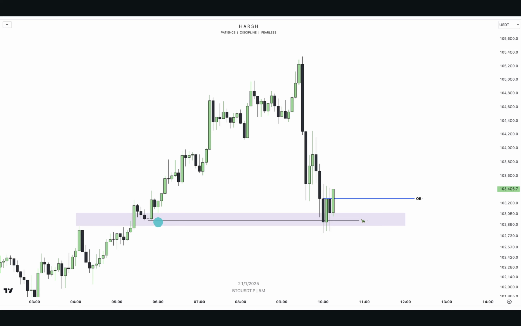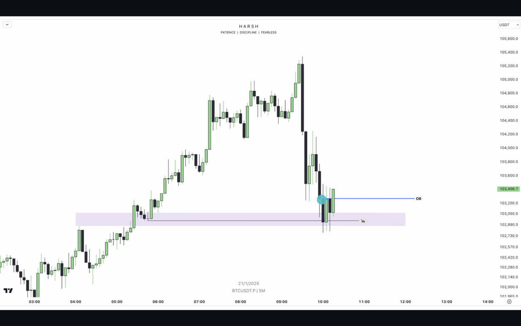We sweep this low, and the bearish candle which swept the low is the order block for me, and once we close above that, that is a change in state of delivery. That's my personal opinion. Some people also use a series of candles, but I generally use the candle which sweeps the liquidity, and if we close above this, that is my change in state of delivery.